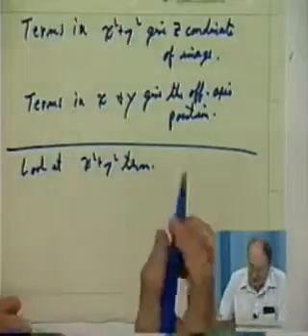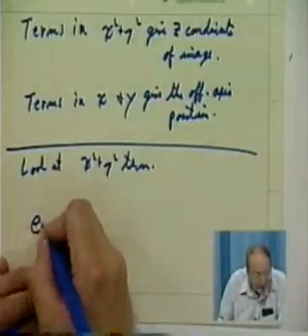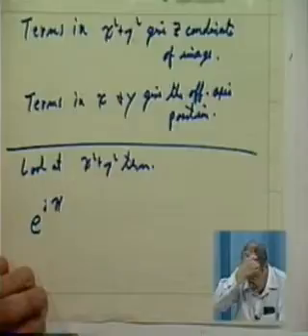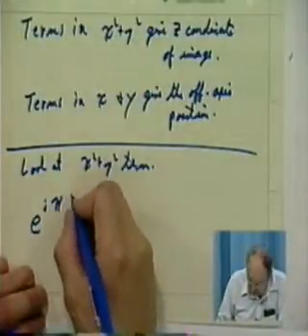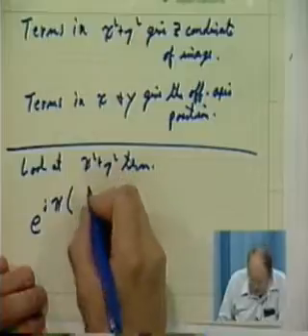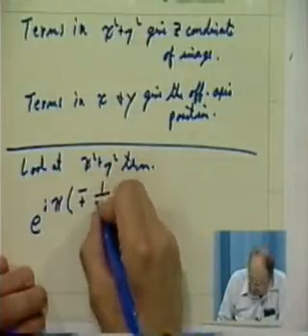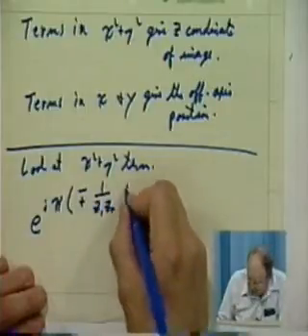So we get an equation that goes as e to the i pi, just combining terms in this multiplication, times a minus or a plus 1 over lambda_1 z_r, and a plus or a minus.